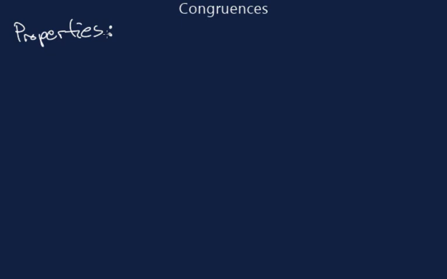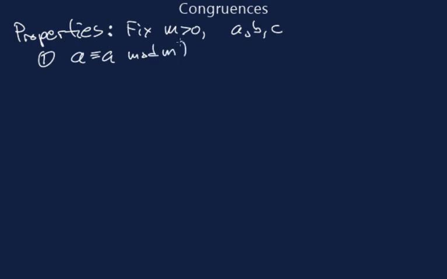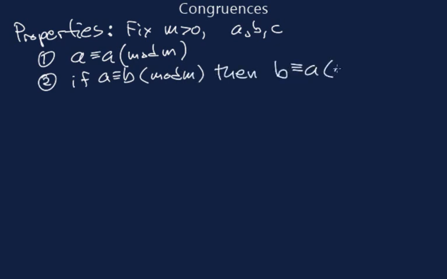Okay, here are some properties of modular arithmetic, as it's called. So you always, well, almost always, work with a fixed modulus. So let's fix our modulus M, and let's take some integers a, b, and c. Now, one thing that's obvious is that a is equivalent to a mod M. And another thing that's almost equally obvious is that if a is equivalent to b mod M, then b is equivalent to a mod M. These are familiar properties of numbers.